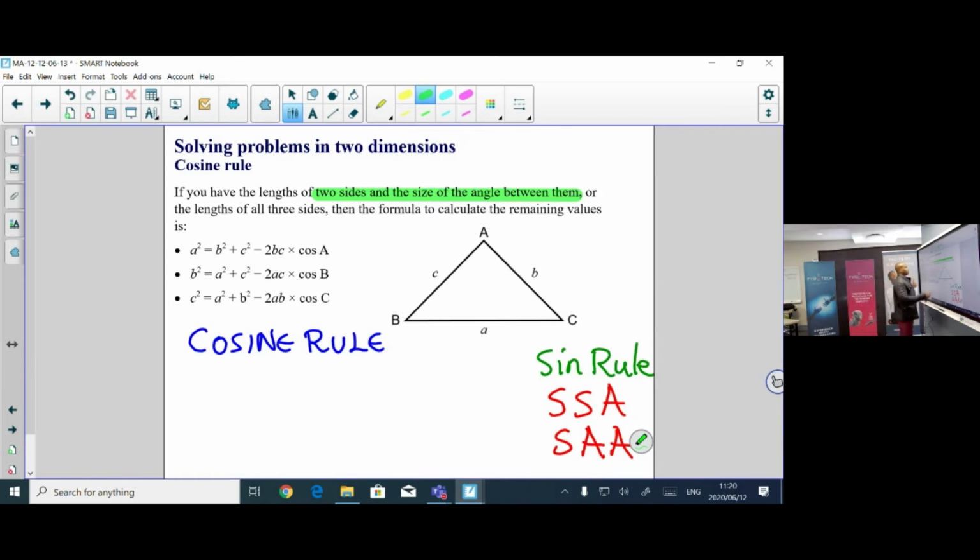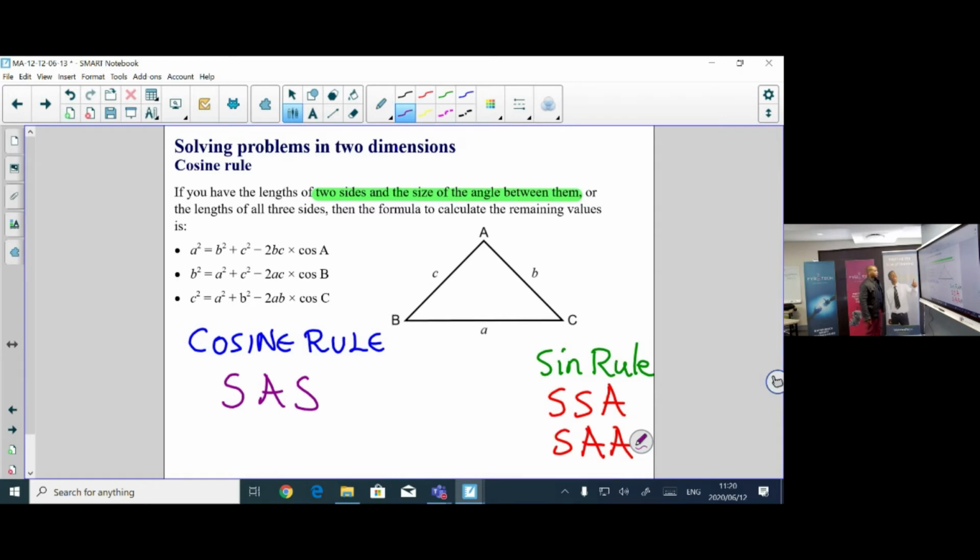So what does that mean? In terms of our understanding of a triangle, this would simply mean we can use this for a triangle that has side, angle, side.